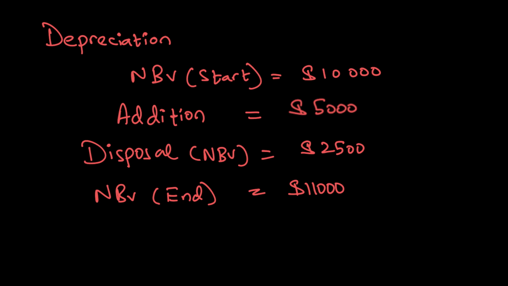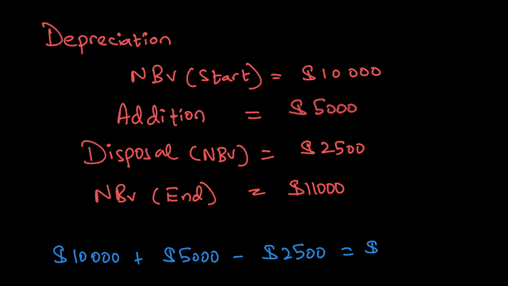Now, how do we do that? So now what I can say is we started the year with $10,000 worth of assets. We bought a new asset worth 5,000. So let me add that. We sold one asset which had a net book value of 2,500. So this should give us 12,500.